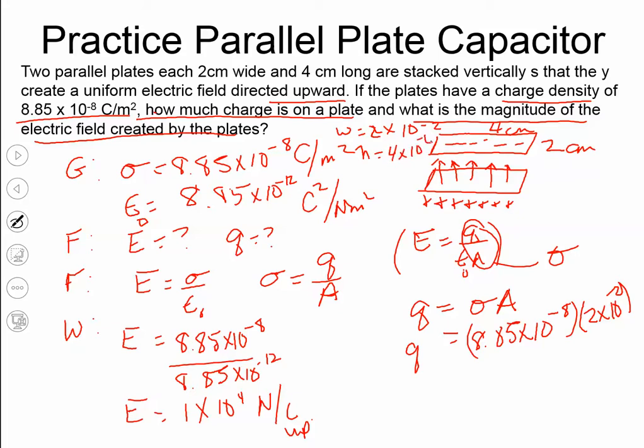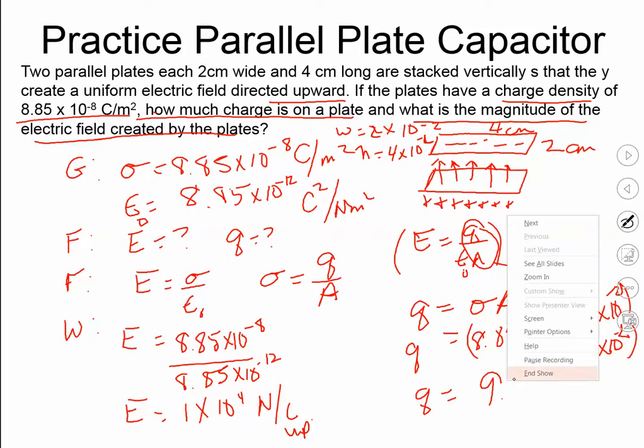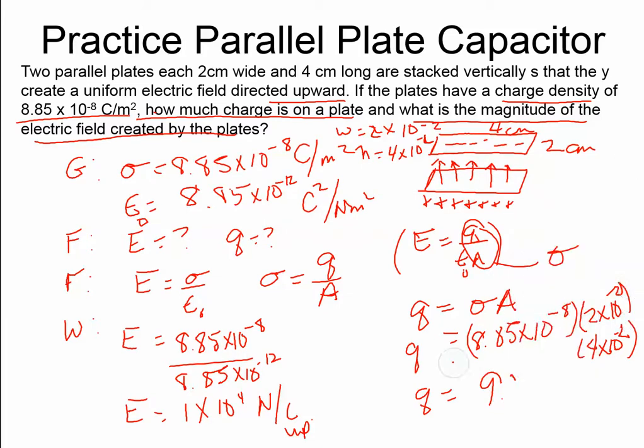I should have put that up there explicitly, but anyhow. And 4 times 10 to the negative 2. And so that means that Q is equal to 9.23 times 10 to the third coulombs. Okay, there's your second problem.